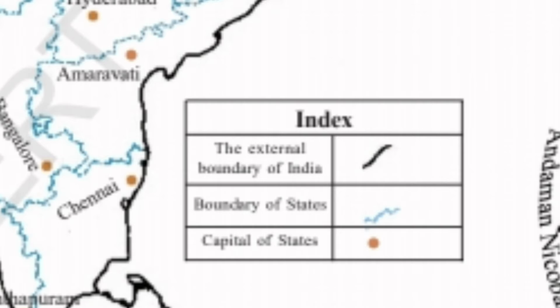Yes, we use symbols to show physical objects on the map like a river or capital city, etc. Now, if we were asked to show Delhi in the map of India, we will mark a point and label it as Delhi.